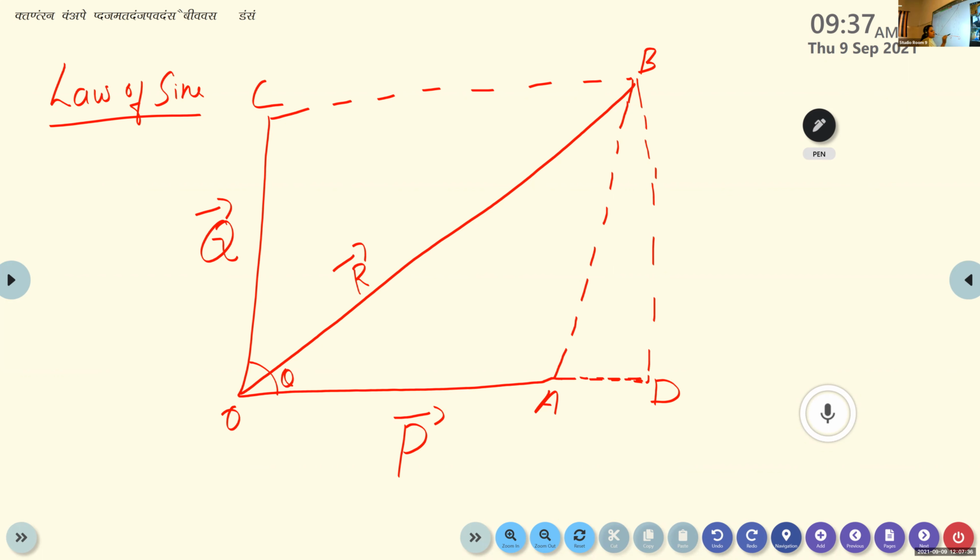So we can consider this angle also will be equal to theta. And this side BA is exactly parallel to OC, so here it also represents vector Q. This side also represents vector Q. Here it is vector P.